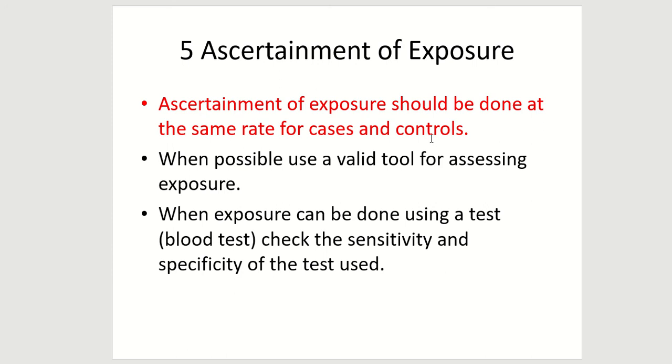In a cohort, the effort you put in ascertaining the outcome has to be at the same intensity for both groups. You should not give special attention to one group versus the other group. Okay. And in the cohort design we gave the example, if I have someone taking a blood thinner versus someone not taking a blood thinner and I'm looking at bleeding, then it should be at the same intensity.